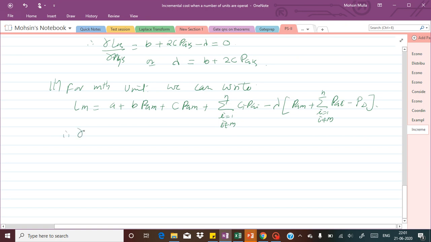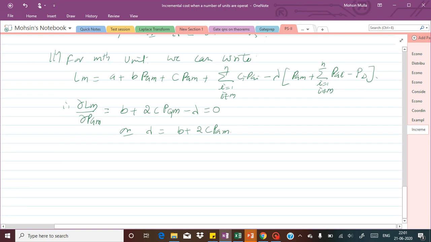dou Lm by dou Pgm, which again is going to be b plus 2c Pgm minus lambda equal to 0, or lambda equals b plus 2c Pgm.